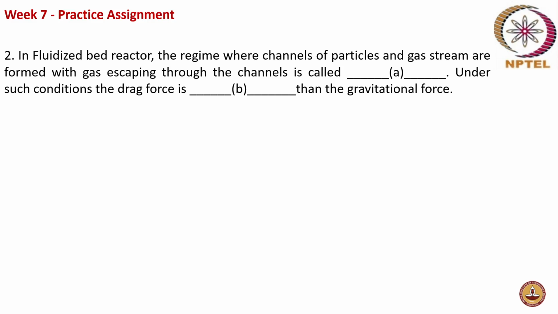So we have to find out the regime where there is channel formation between the particles, which are nothing but the catalyst particles, and the gas stream. The gas stream escapes through the channel formed. And what is the relationship between the drag force and the gravitational force under such condition?